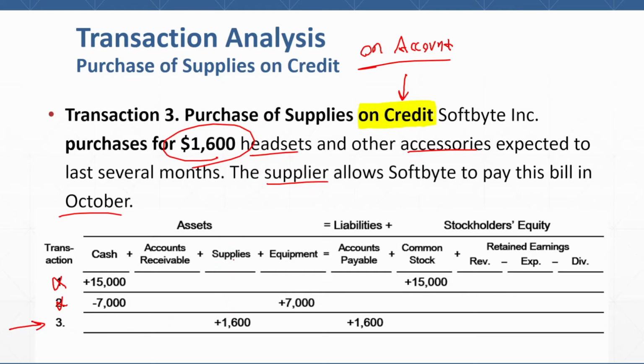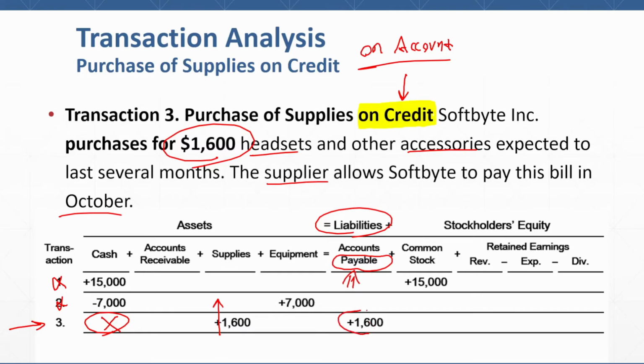When we purchase things, that thing will be increased, will go up. But we didn't pay using our cash, so cash was not used. What was used then? We promised to pay. We went under liabilities. We promised to pay in the future. That is called accounts payable.